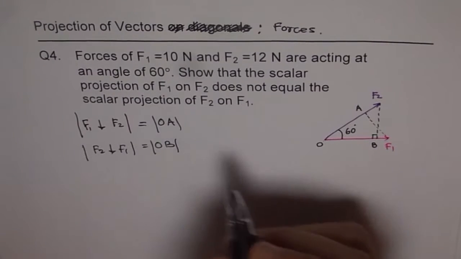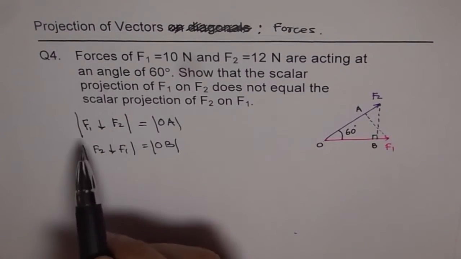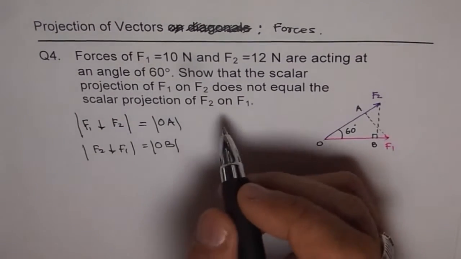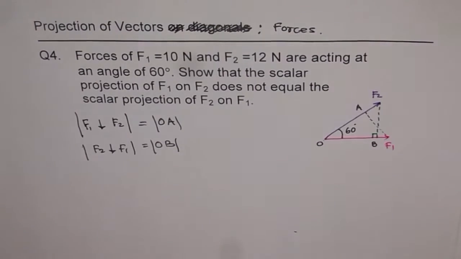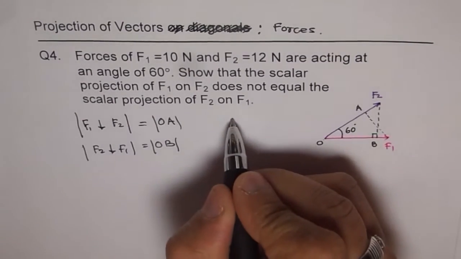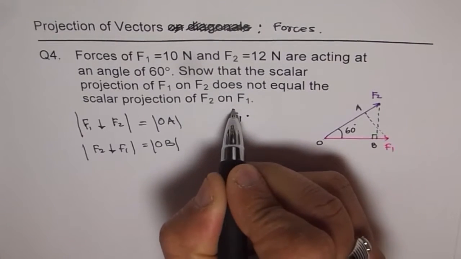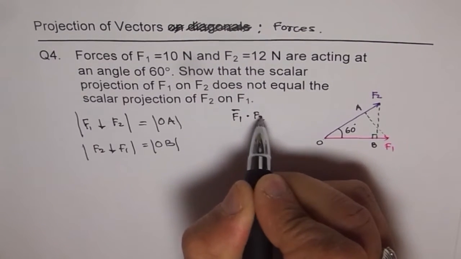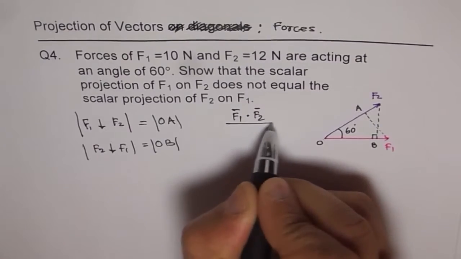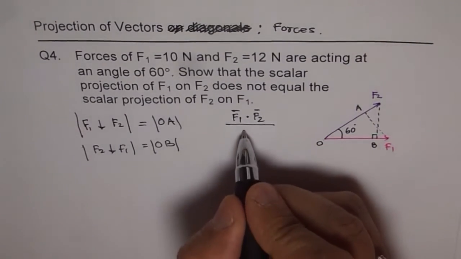The formula for scalar projection is, let's say if you are doing F1 on F2, right? You have to do the dot product of F1 and F2 divided by the magnitude of F2.